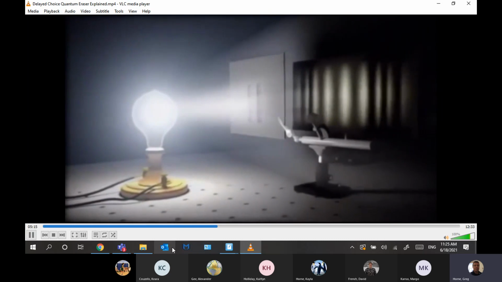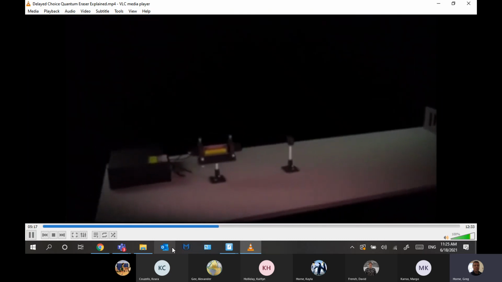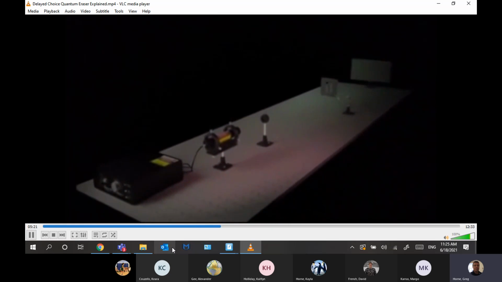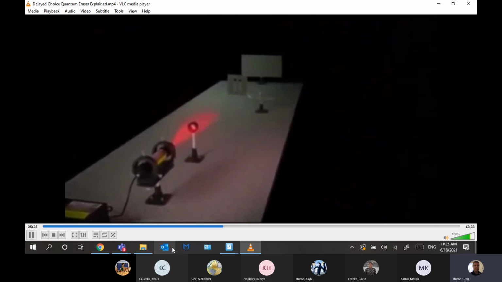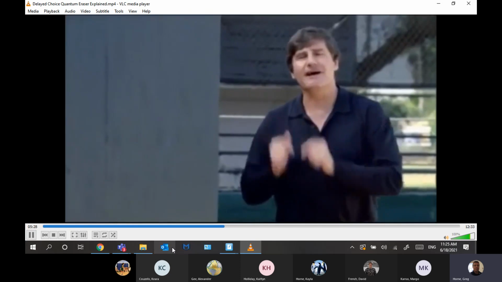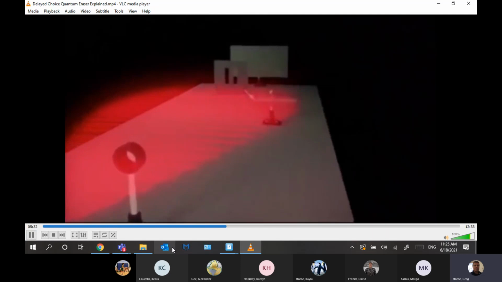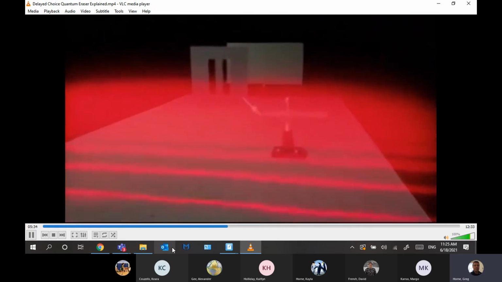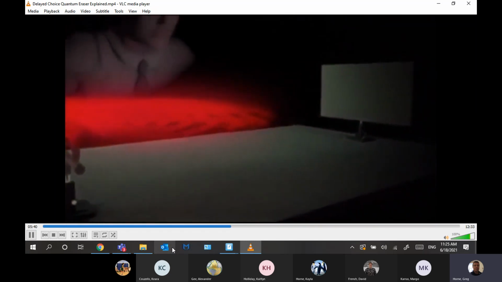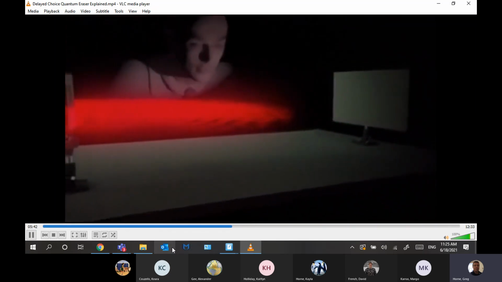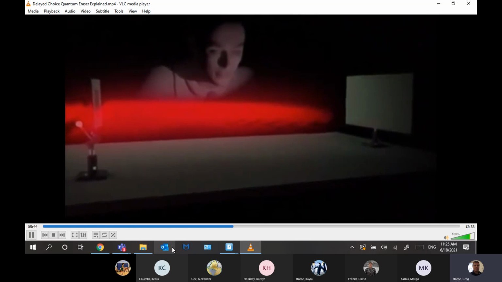In recent years, technology has allowed scientists to perform a fascinating variation of the test. Its results call into question our perception of time itself. This is like a high-tech version of the double hole experiment. Electrons are being fired toward a barrier with two holes in it. But the scientists can delay their decision about whether to observe the electrons until after they've passed through the holes, but before they hit the screen.